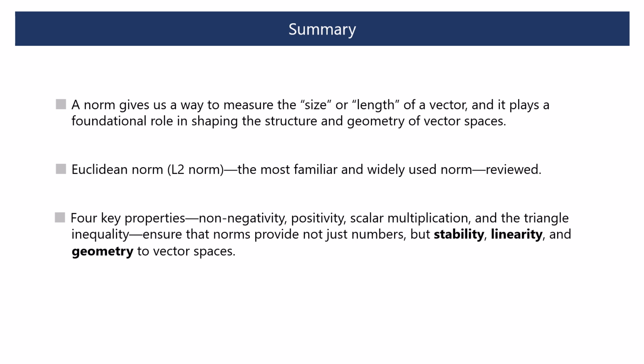We also reviewed the 4 key properties that any norm must satisfy: non-negativity, positivity, scalar multiplication, and a triangle inequality. Together, these properties ensure that norms provide not just numbers, but stability, linearity, and geometry to vector spaces.